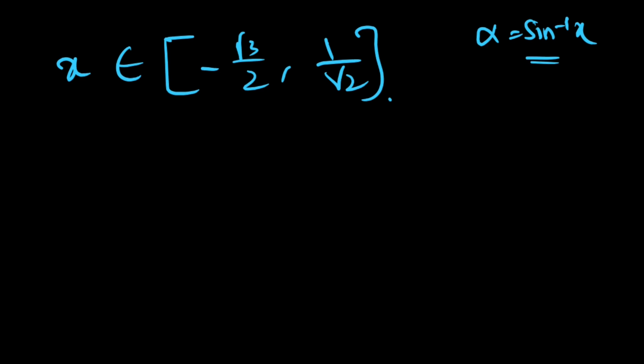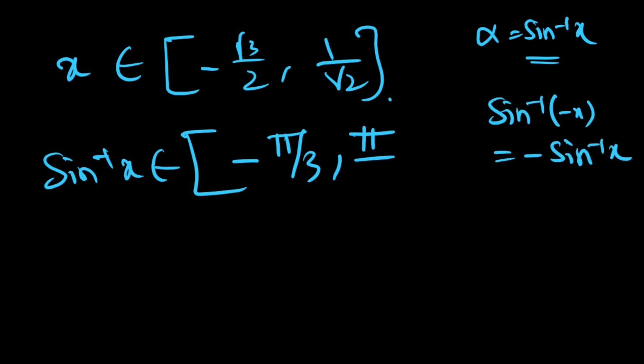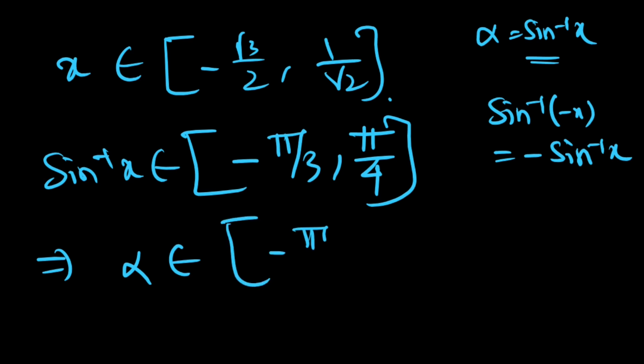When we apply sine inverse here, sine inverse x belongs to sine inverse of minus root 3 by 2, whose value is minus pi by 3, because sine inverse of minus x we can write as minus of sine inverse x, and sine inverse of 1 over root 2 is pi by 4. This implies alpha belongs to [minus pi by 3, pi by 4].